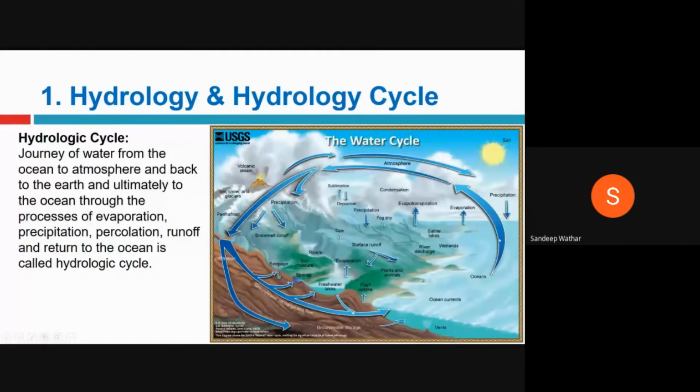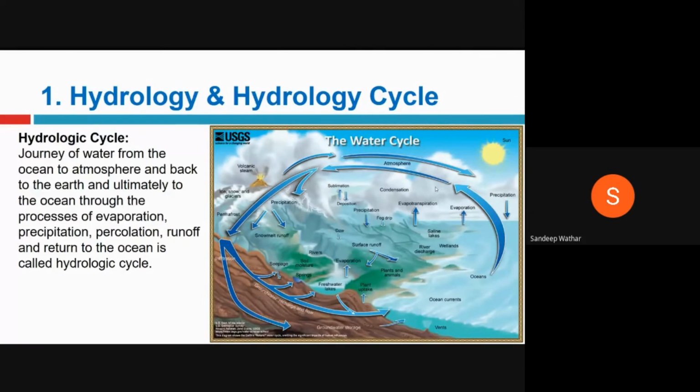We have oceans, lakes, and rivers, and whatever water is there in all these forms gets evaporated. Once it gets evaporated, it gets condensed. It means it gets collected, it gets condensed, and it forms clouds. Clouds are basically a heap of moisture that has been collected. Okay.